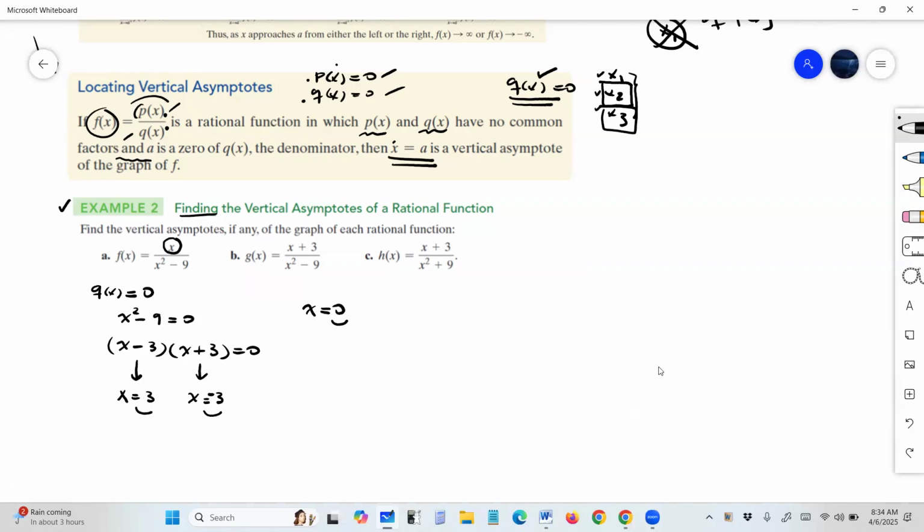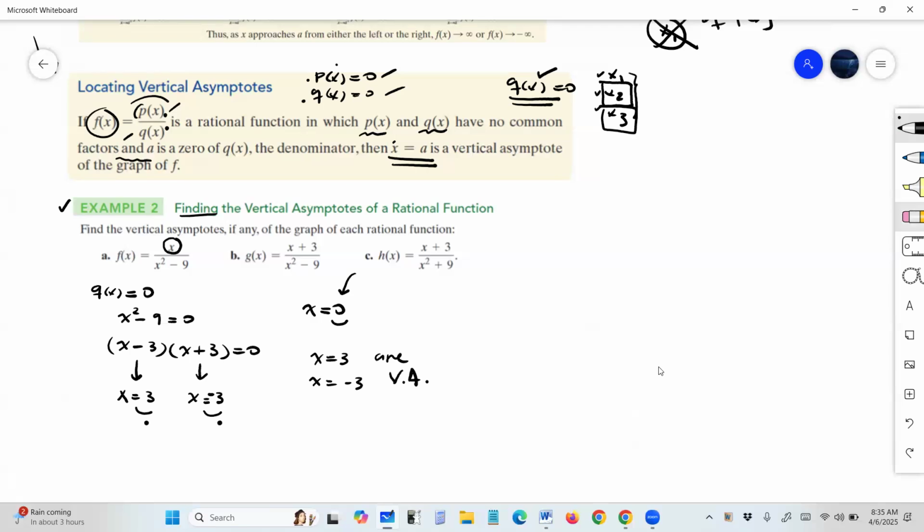And if one of these values equals this value, then that value would have to be eliminated as a root. In this case, obviously, 3 and -3 are not equal to 0, which means that x equals 3 and x equals -3 are vertical asymptotes.